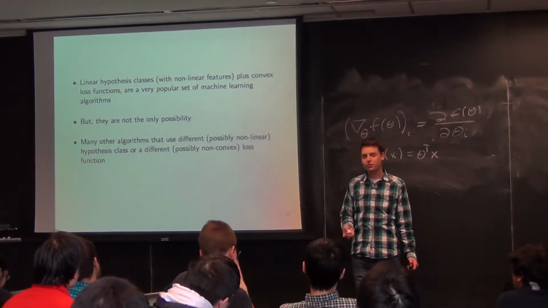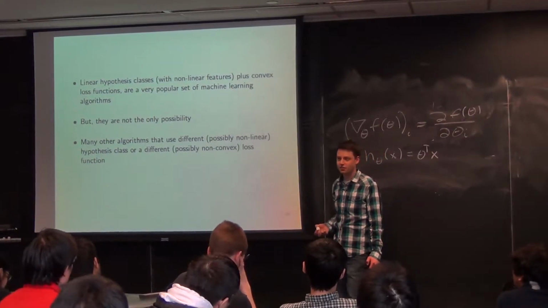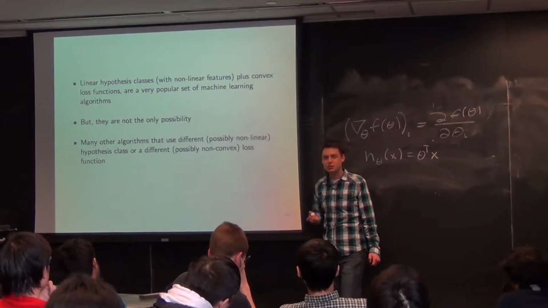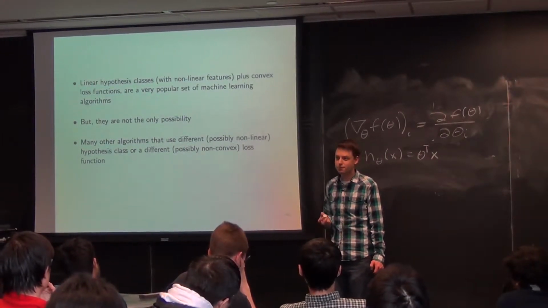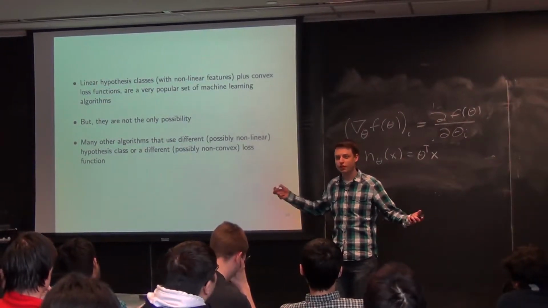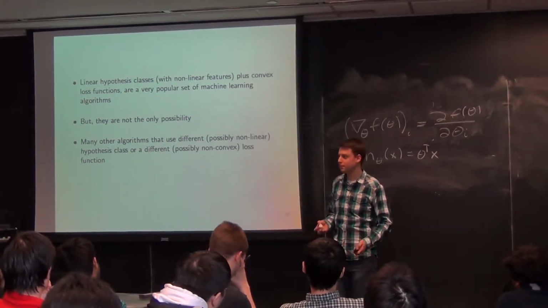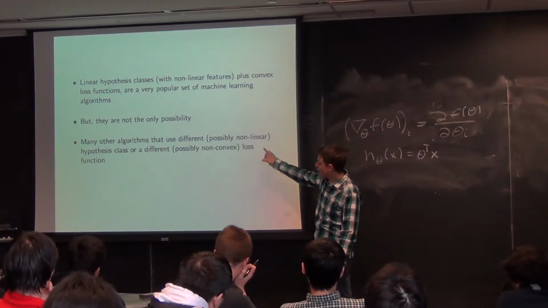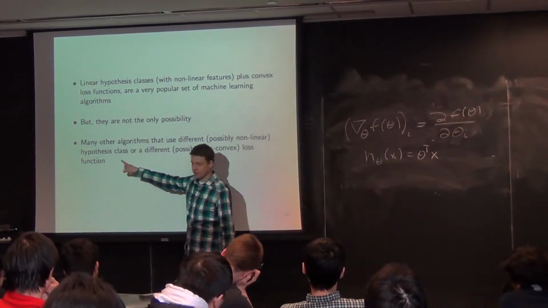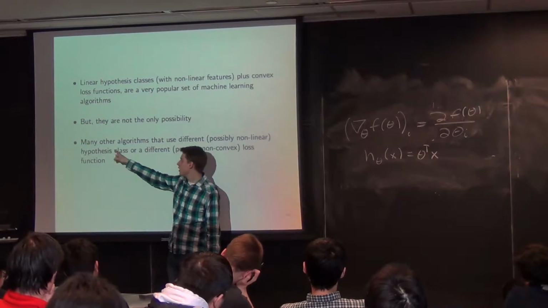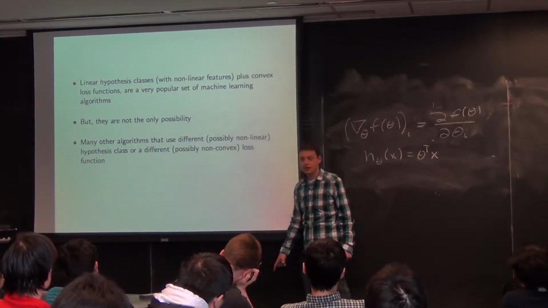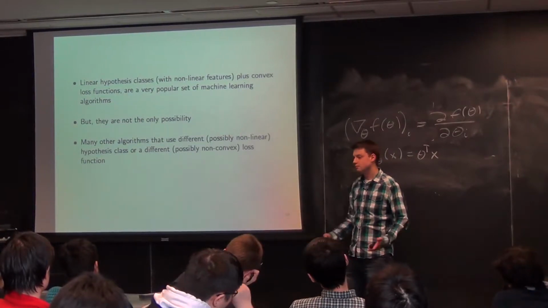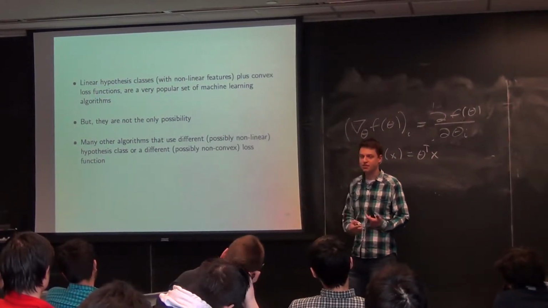There are other algorithms that use nonlinear hypothesis classes that, in all honesty, can sometimes do a lot better than linear methods. Or at least take less work, less tuning than a linear method will take. So in particular, many other algorithms will use different hypothesis classes or different loss functions, possibly non-convex loss functions, or maybe different routines for optimizing these loss functions.